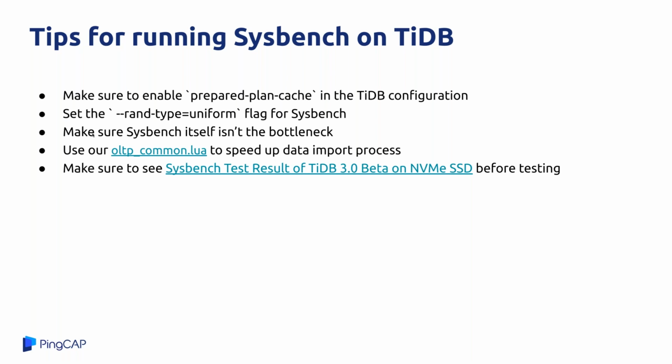And also, just like I said, you have to make sure that the Sysbench node itself is not the bottleneck. You can check the CPU cost of Sysbench. For example, if your Sysbench node has 100% CPU usage, and the TiDB CPU and the TiKV CPU and IO are kind of idle, that means Sysbench itself becomes the bottleneck.